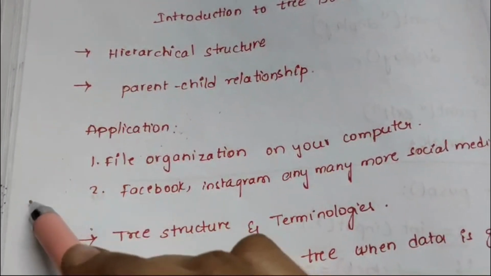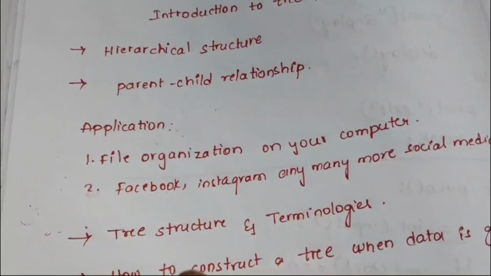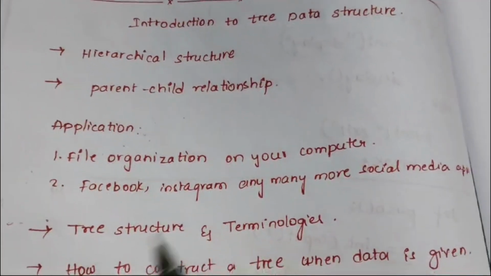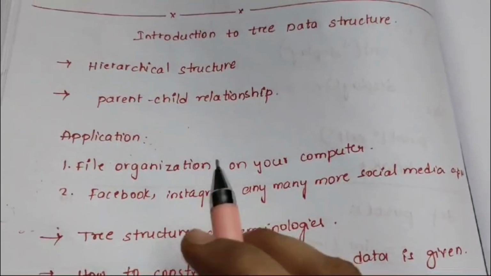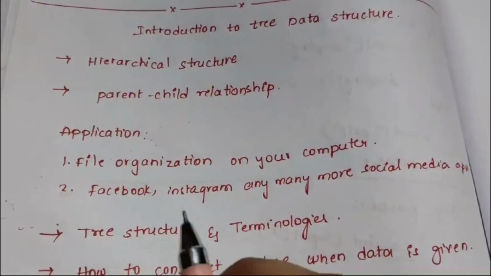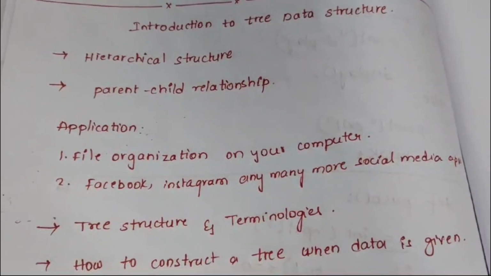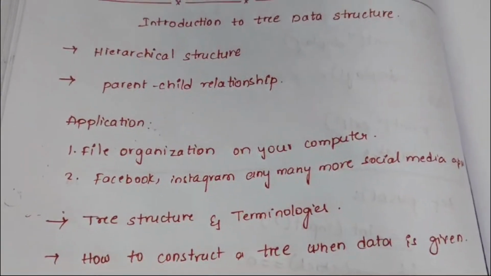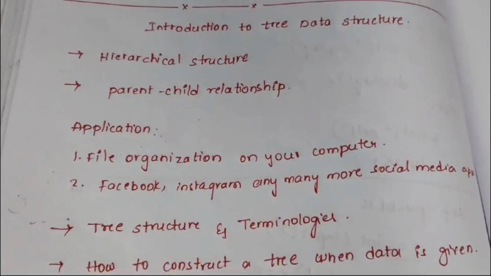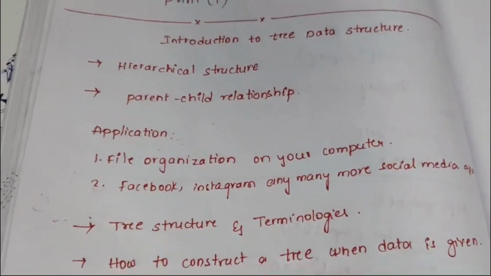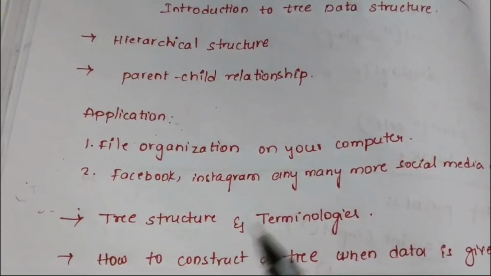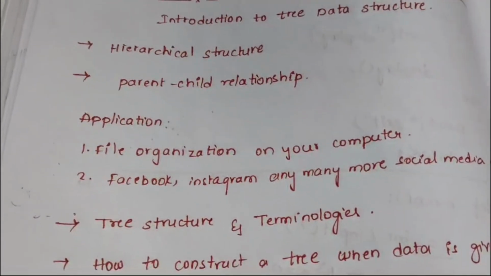One parent, child, and subchilds. This tree is very important. Most of the social media apps, application websites, they use this tree data structure. So data structure is very important. It is important in your placements also. Okay, so let's next see the tree structure and the terminologies.